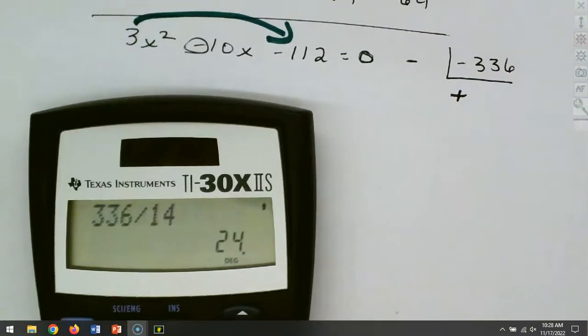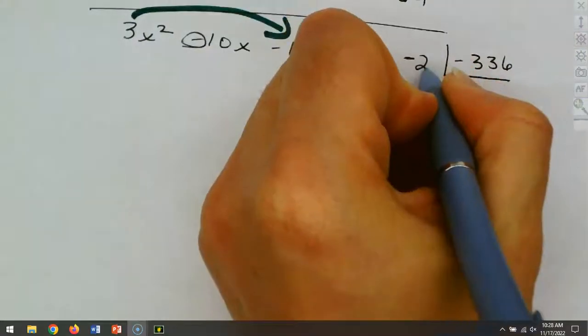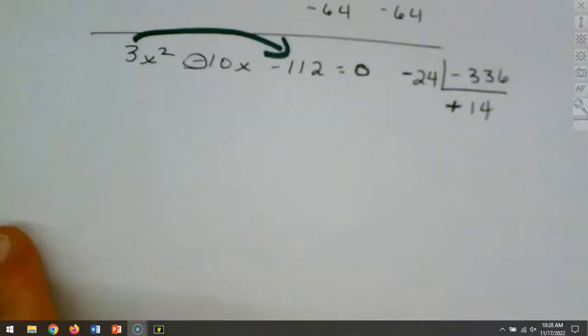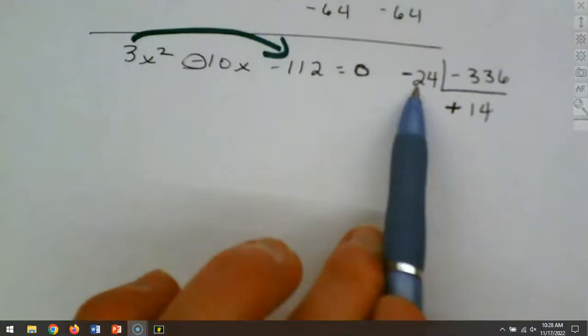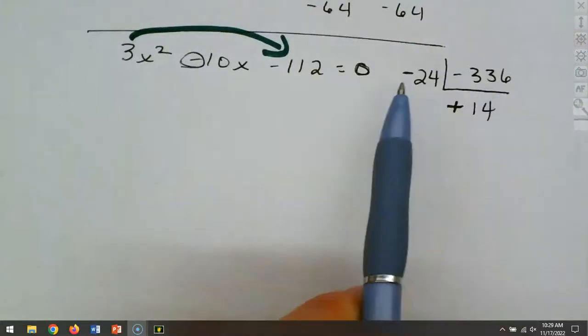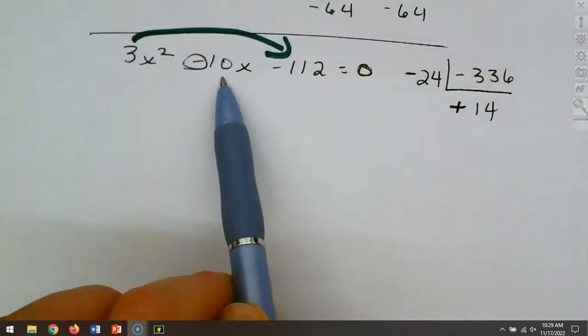Okay, 14 and 24. That works, doesn't it? Because we need a minus 24 and a positive 14. That is going to go together when we multiply to give us 336. When they subtract from each other, what do we get? Negative 10, like in the middle.